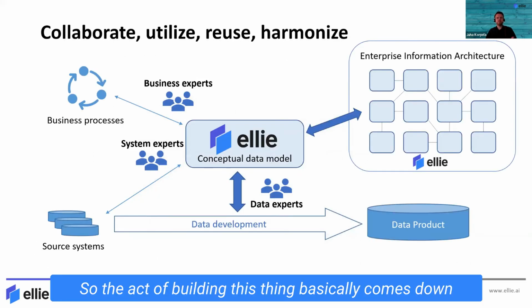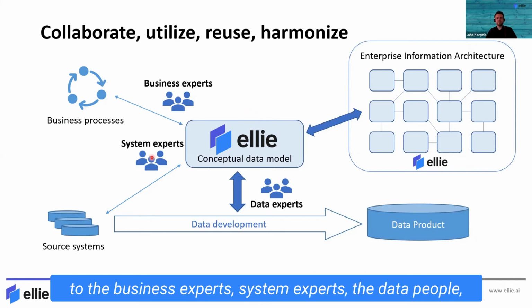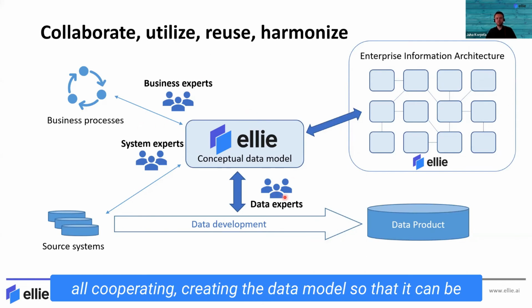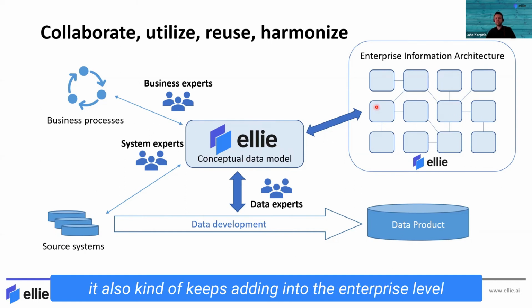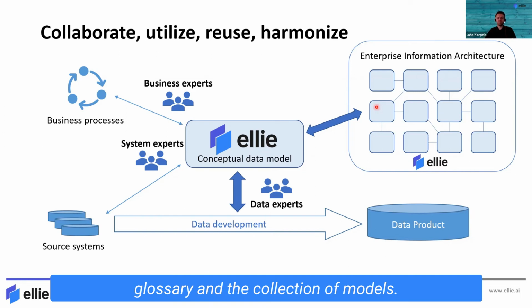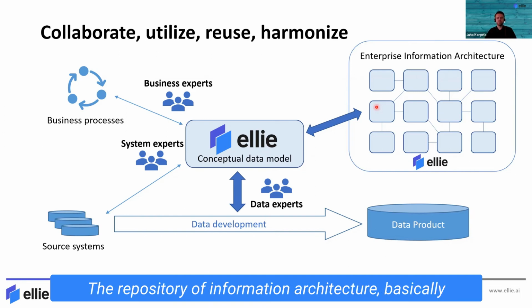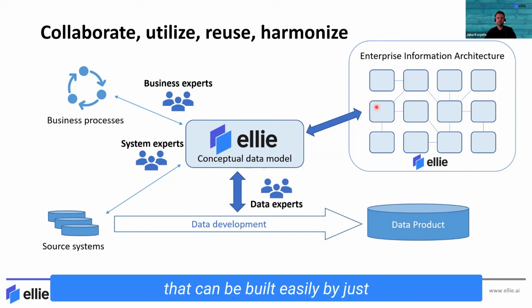So the act of building this basically comes down to the business experts, system experts, the data people, all cooperating, creating the data model so that it can be used to produce the actual data product, but so that it also keeps adding into the enterprise level glossary and the collection of models there, the repository of information architecture, basically, that can be built easily by just adding these data models into it.